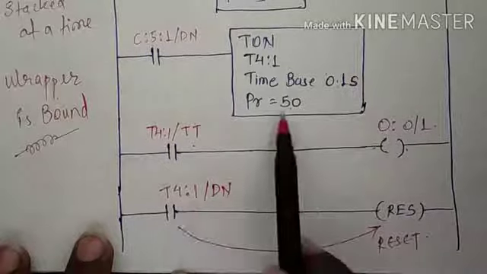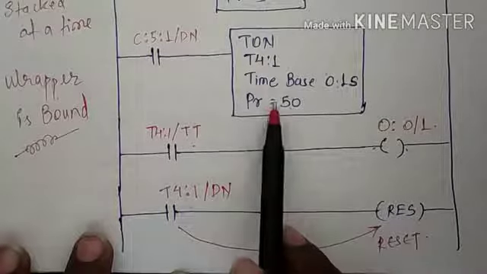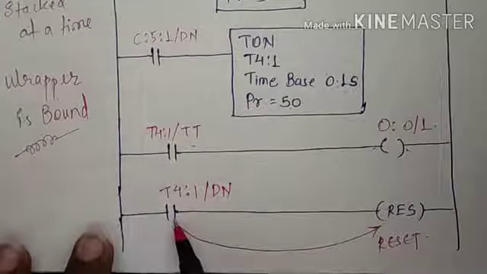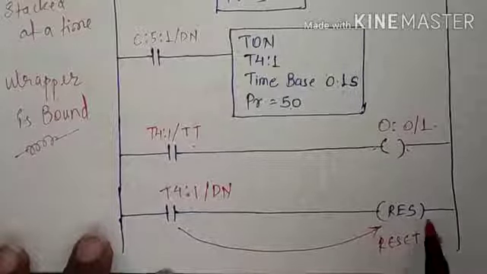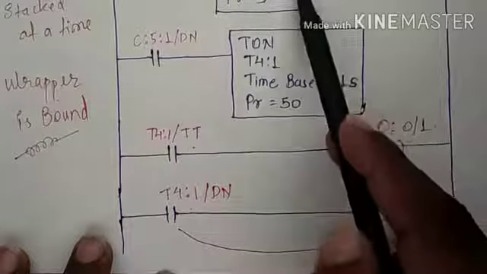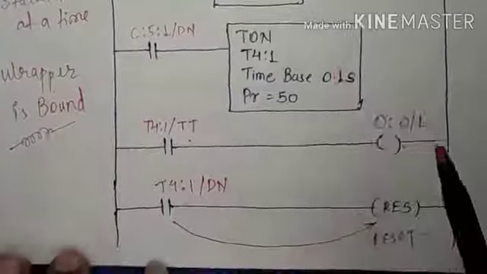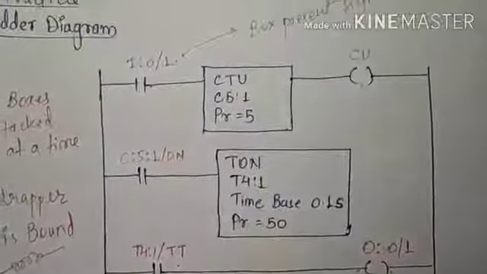Then after the accumulator value becomes the preset value, the done bit of the timer will be set, and this done bit will allow current to flow to the reset. Then the reset instruction will be set for the counter up. So this is the simple logic diagram of box stacking.